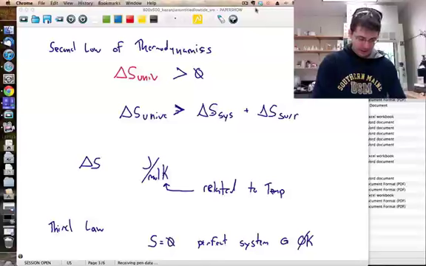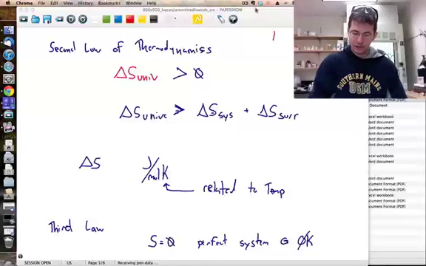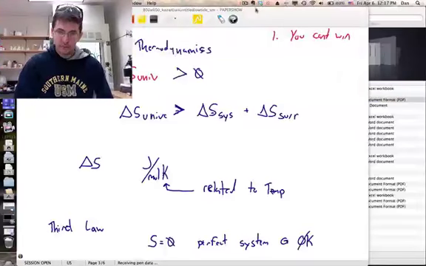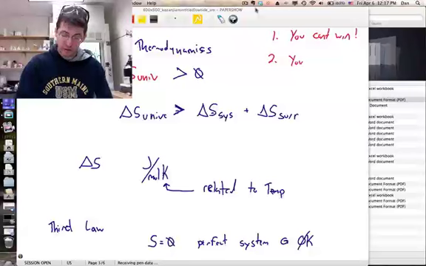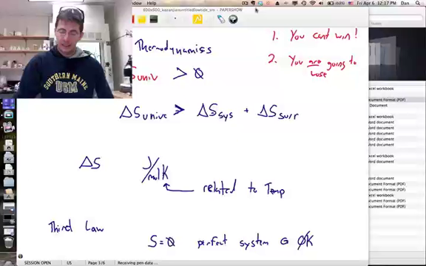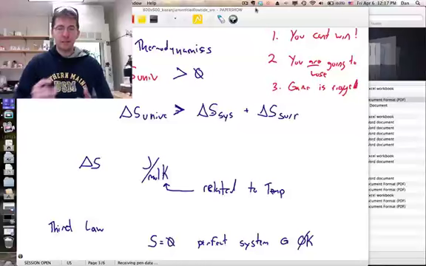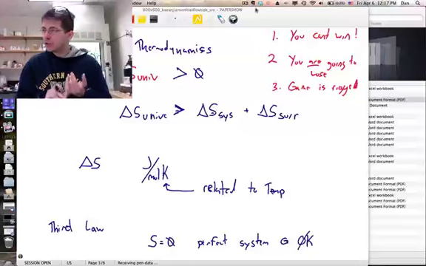Now, I like to sum up the three laws as follows. The first law of thermodynamics is you can't win. The second law says you are going to lose. And the third law basically says the game is rigged. First law: energy can't be created nor destroyed.